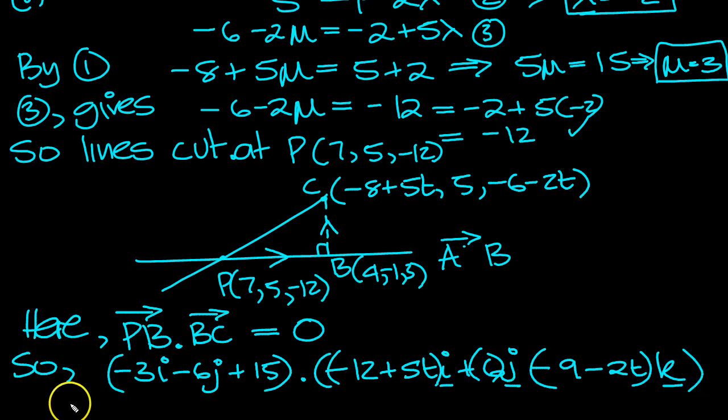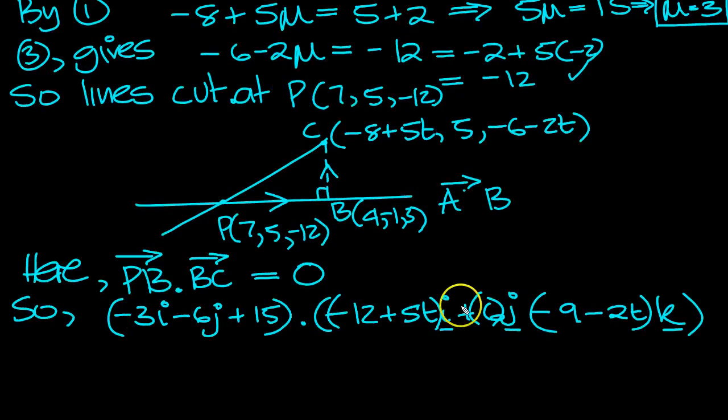Dot product. So what do we get then? Minus 3 times this is 36 minus 15t. Minus 6 times plus 6 is minus 36.